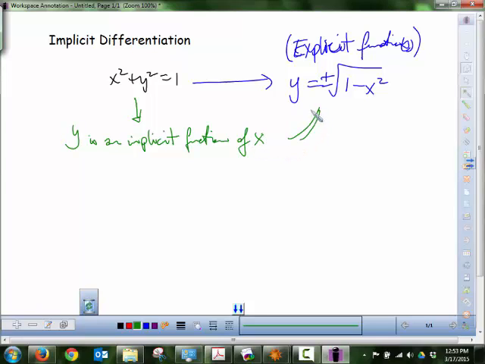So instead of solving for y as an explicit function of x, we treat it implicitly, and like I said, somewhere along the line we can trust that it is going to be a function of x, which means there's no vertical line test business. It works out okay. So do you remember implicit differentiation back then?